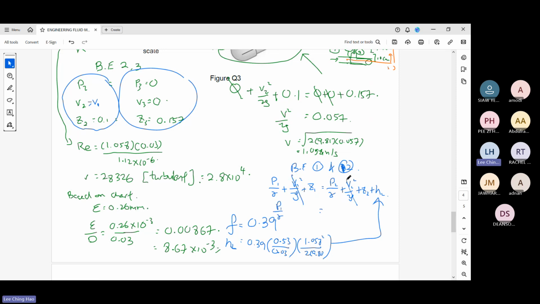V1 and V2 are the same, so they cancel. Height 1 is 0 because it's at the bottom. P2 is 0, right? Because it is outside already. Then height 2, Z2, plus hL. Then you can find your pressure 1.